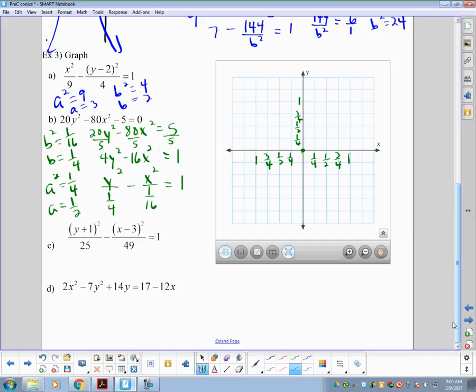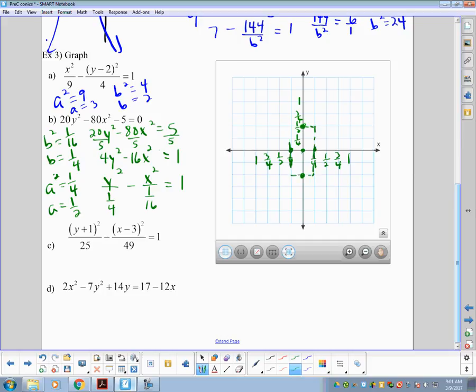so centered at 0, 0, I'm going to go in the a direction here. a is underneath my y. It's going to open vertically, and a is 1/2 in each direction. So I have a dot here and a dot at −1/2. And then the conjugate axis is 1/4, so going this direction, this direction.